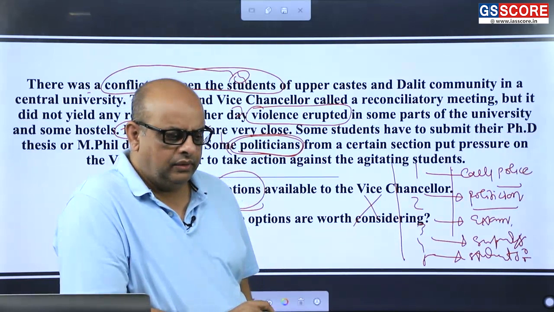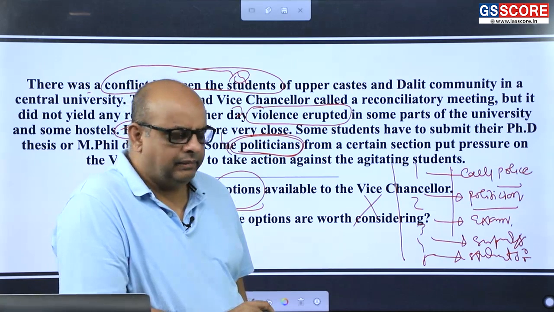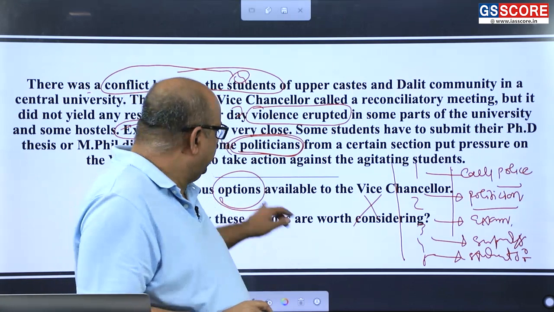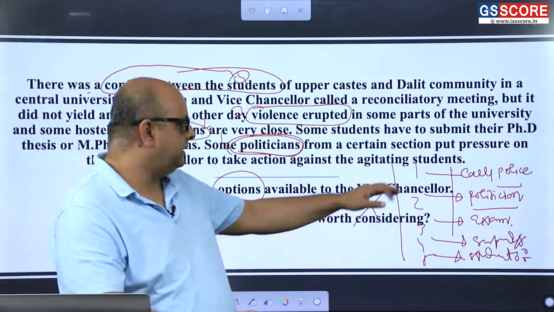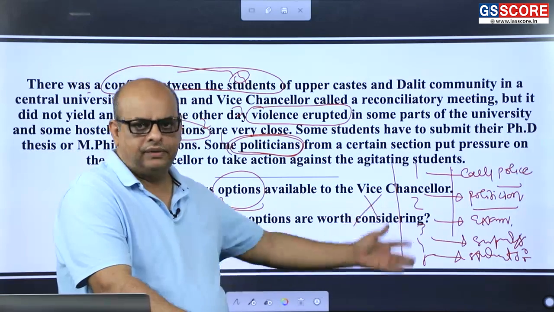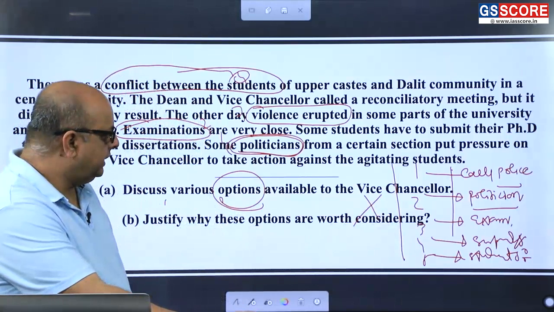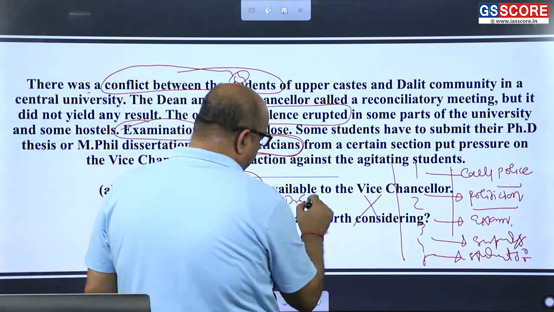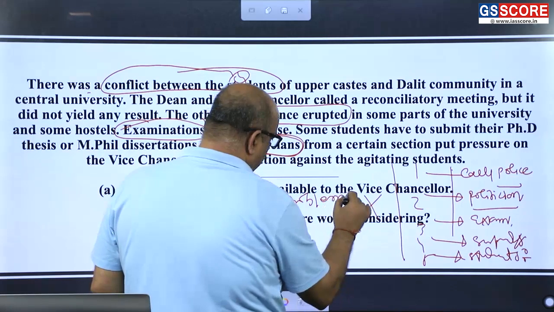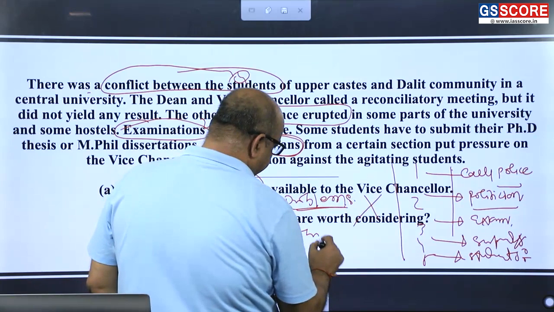The question here, my next question to you, when it says question 6, discuss various options available to the vice chancellor. You may give some more suggestions. But what I want to ask here is, number one, what is the problem in this case? And what is your objective?